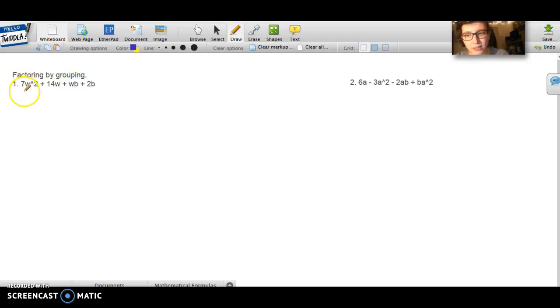So we're going to take a 7w out of both these first two terms. If we take a 7w out of those two terms, we're left with 7w squared divided by 7w, which just leaves w. So this is going to be multiplied by w, and then 14w divided by 7w leaves us with 2. So that leaves us with w plus 2.